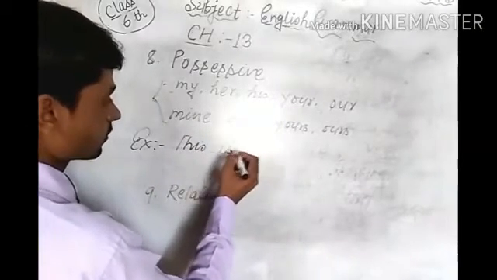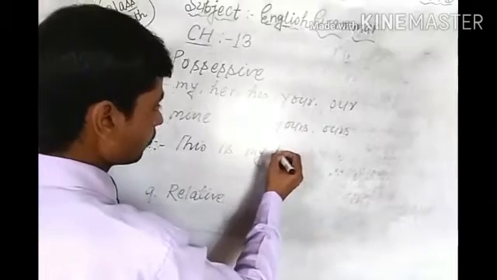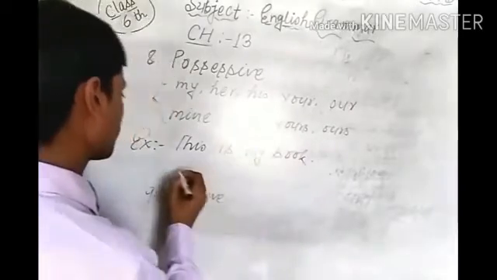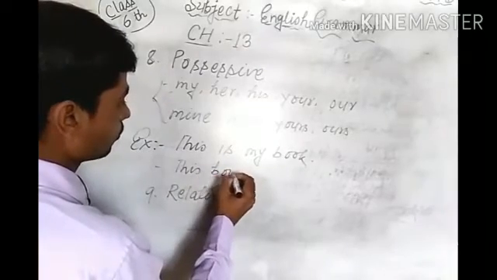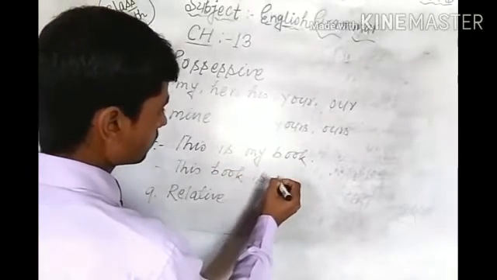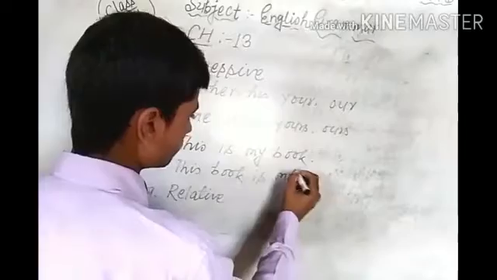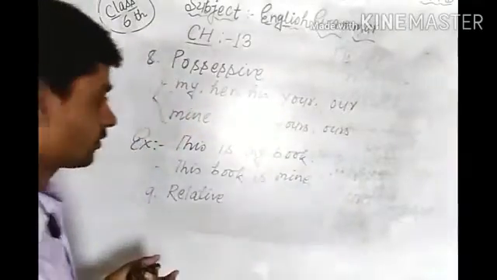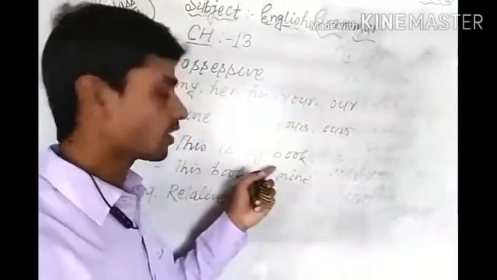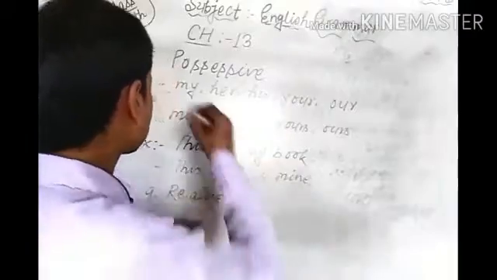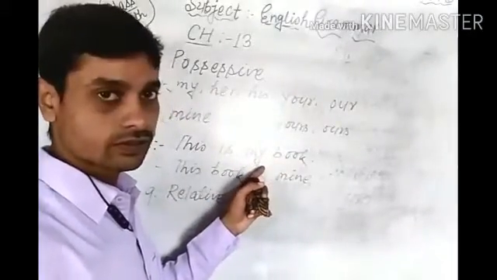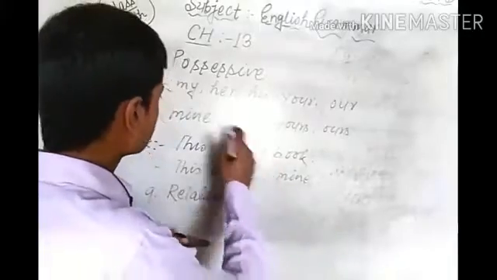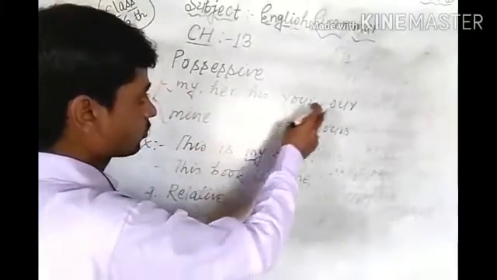This is my book. Okay, next, this book is mine. What is different in this sentence, students? In this is my book, the first type is used before a noun, so we can use my, her, his, your, our.